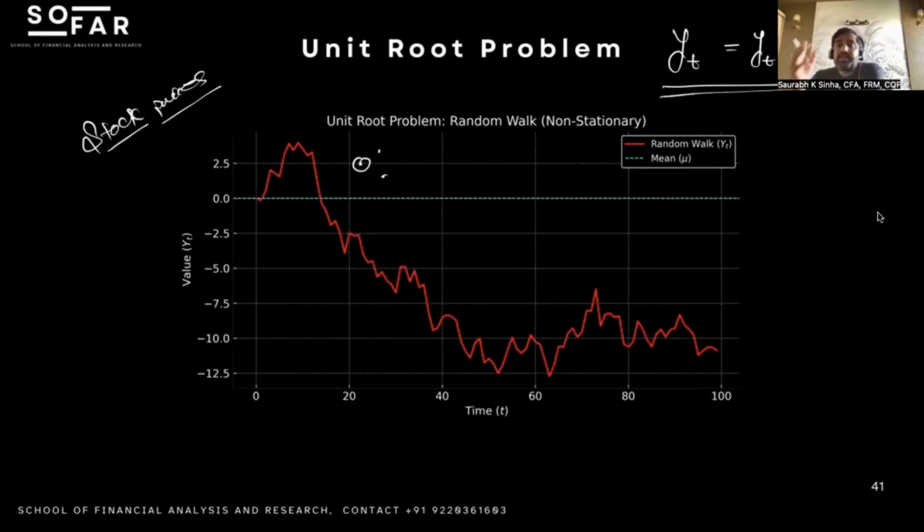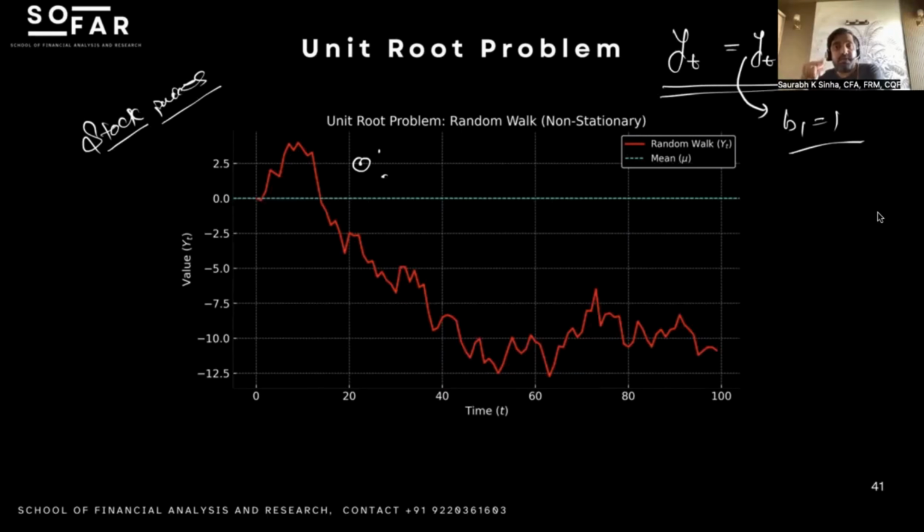This is an equation of a stochastic process. Why is it stochastic? Because it is random. Why is it random? What is the coefficient of yt minus 1? What do you see the coefficient as? 1. If you see anything else apart from 1, it is not stochastic. It can be mean reverting or it can be mean fleeing.